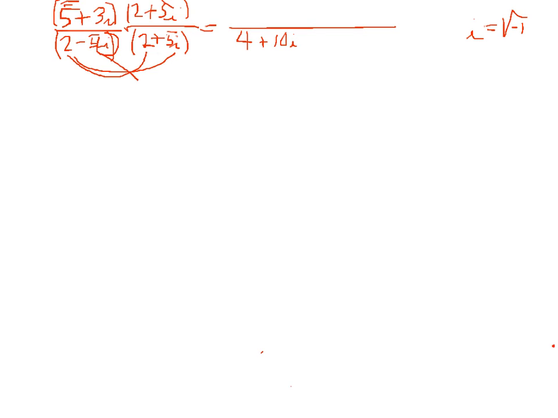Then minus 5i times 2, it's just impossible to do this, minus 10i. And then lastly, the minus 5i times the positive 5i is minus 25i squared.